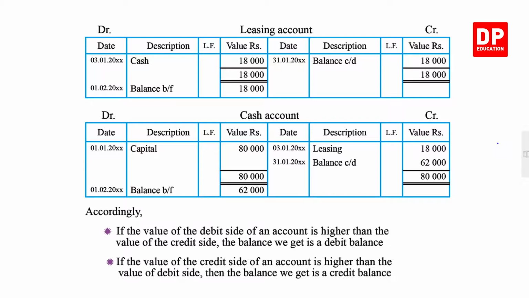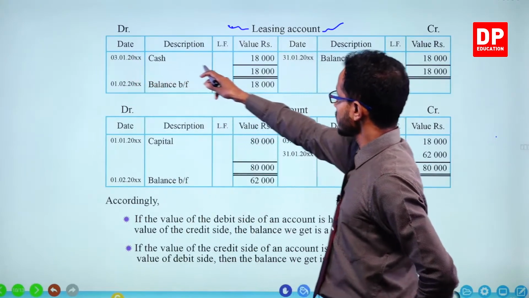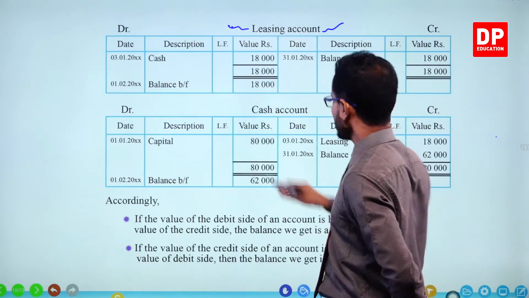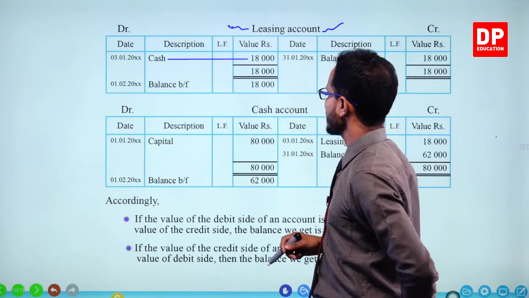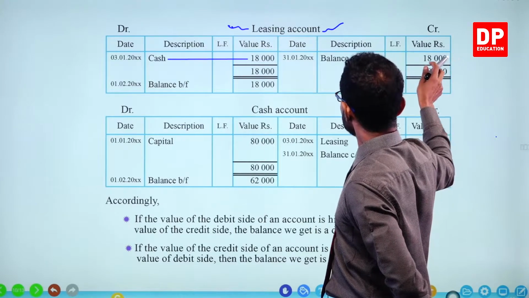See how this account is balanced? This is a leasing account. You have an entry here on the debit side, 18,000. No entry on the credit side.